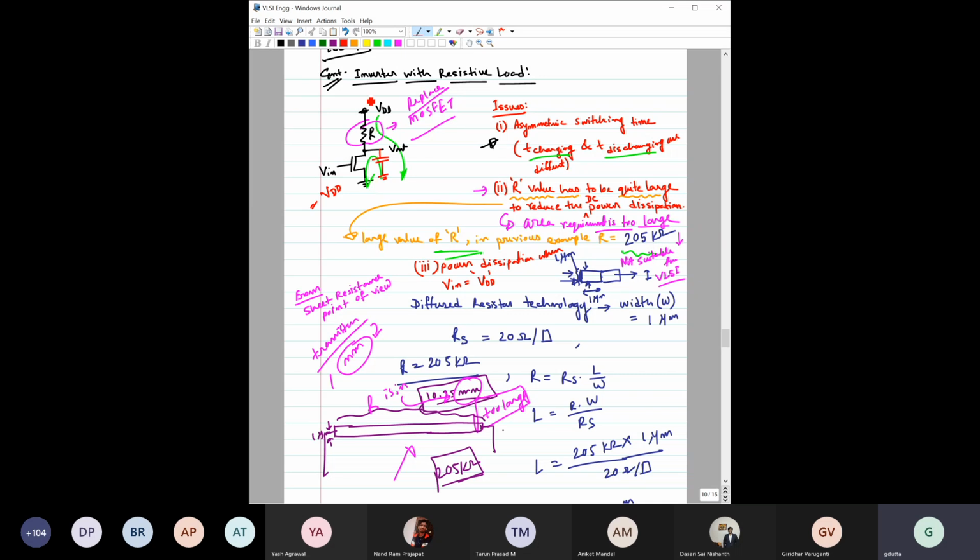Current will continuously flow through this resistor and that will dissipate the power. So as long as this inverter is in its logic 1 state, it will continue to dissipate the power. So that is called the static power dissipation.